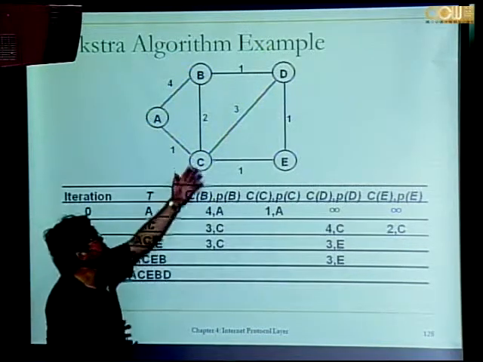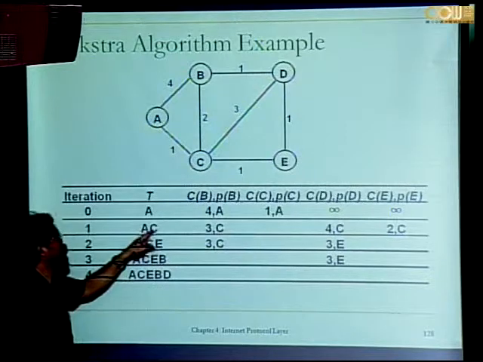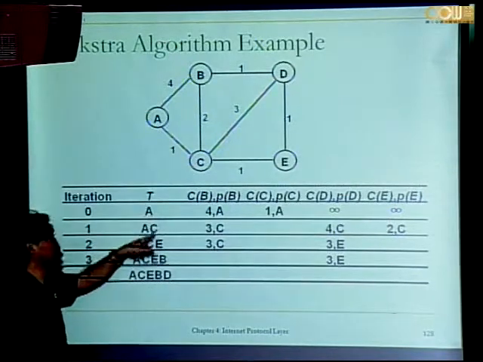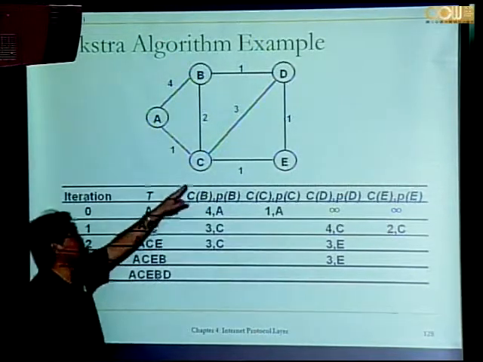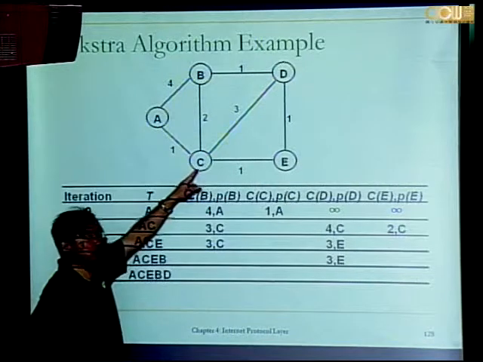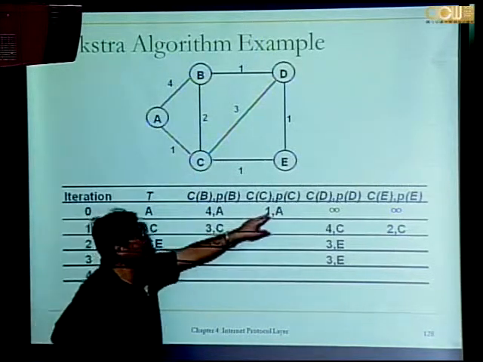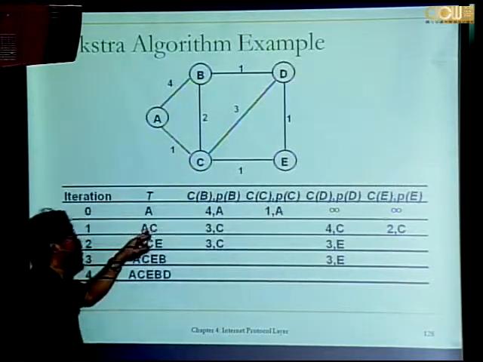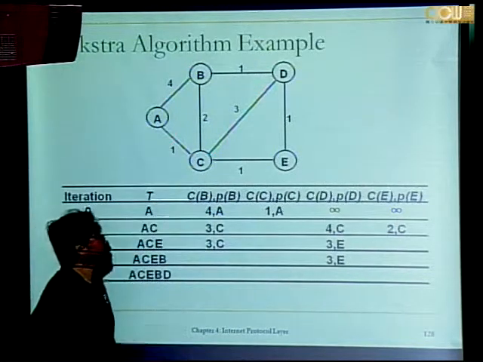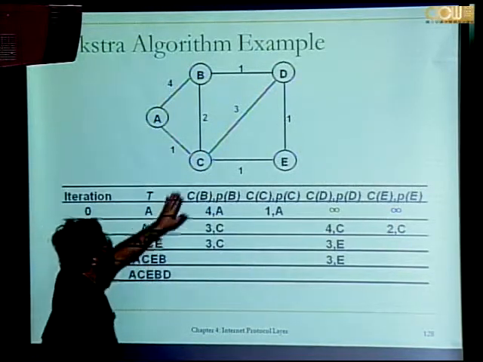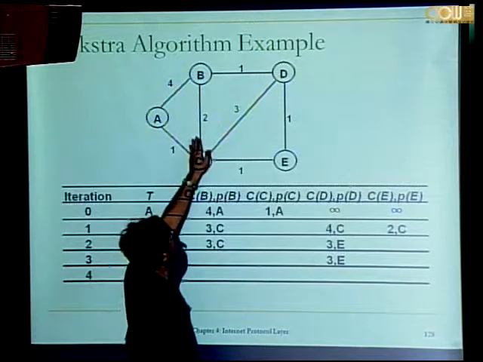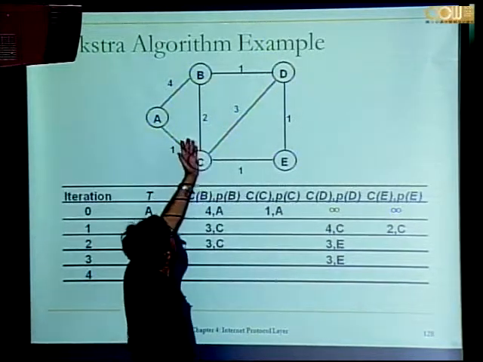That will be C. So I pick C, I put it into the set T. Now I mark C because it has the smallest label. And now from C, I try to label the others.